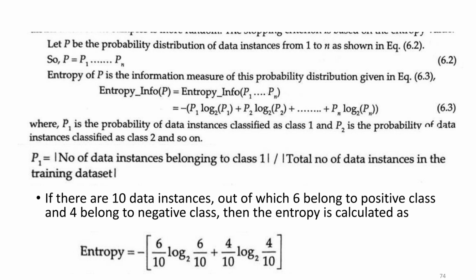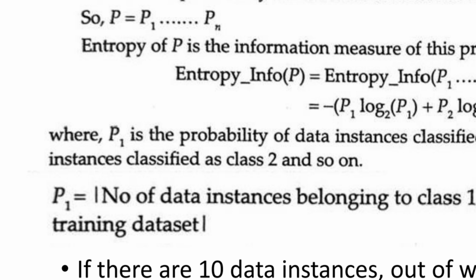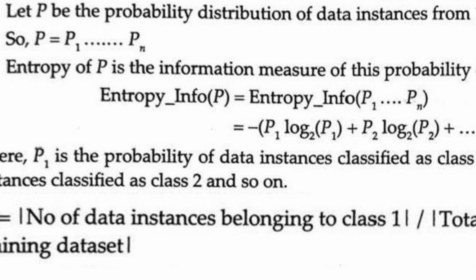Suppose there are n classes. The probability distribution is from P1 to Pn. The entropy of this whole P is computed as entropy of P1, entropy of P2, entropy of P3, like that, the sum of all of these. That is the total entropy.